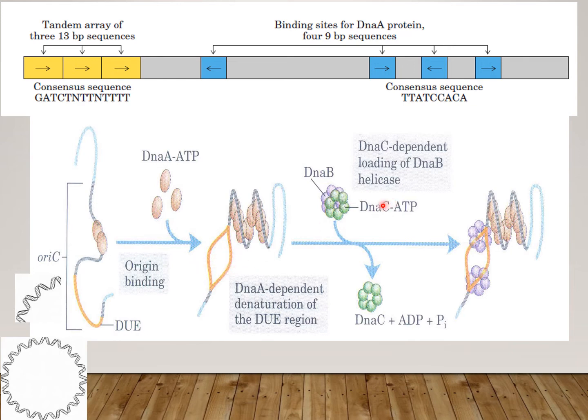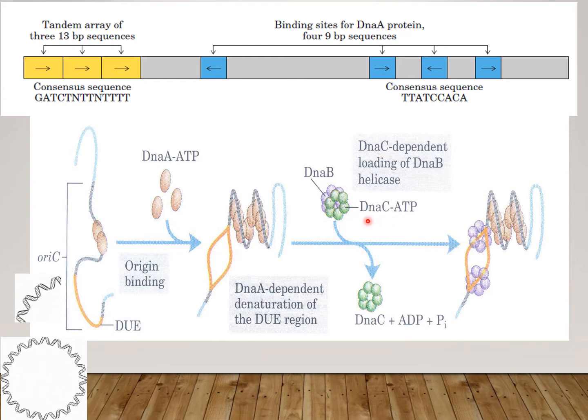So DnaC protein immediately loads the DnaB protein, that is the helicase enzyme, onto both the strands which are separated. So what is the job of DnaC?